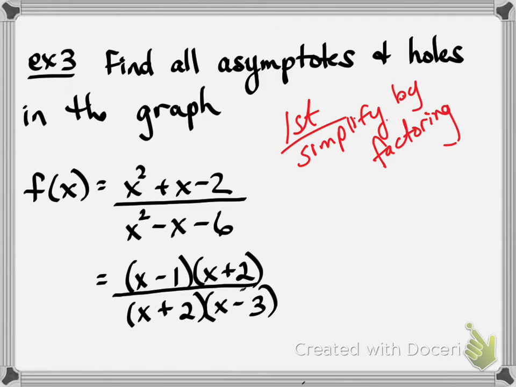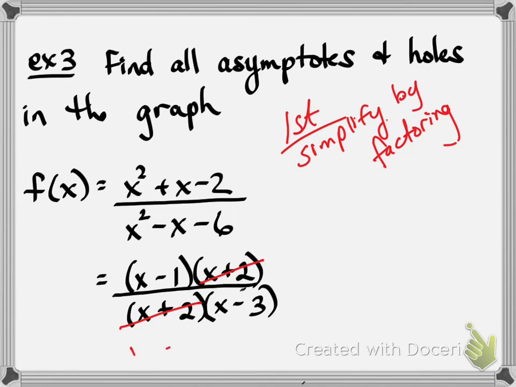Now, earlier we would have said that the vertical asymptotes happen where these are equal to 0. But if you notice, when we have factored, there is an x plus 2 term in the numerator and the denominator. And we're going to divide those out. Now, this x plus 2 is still important.